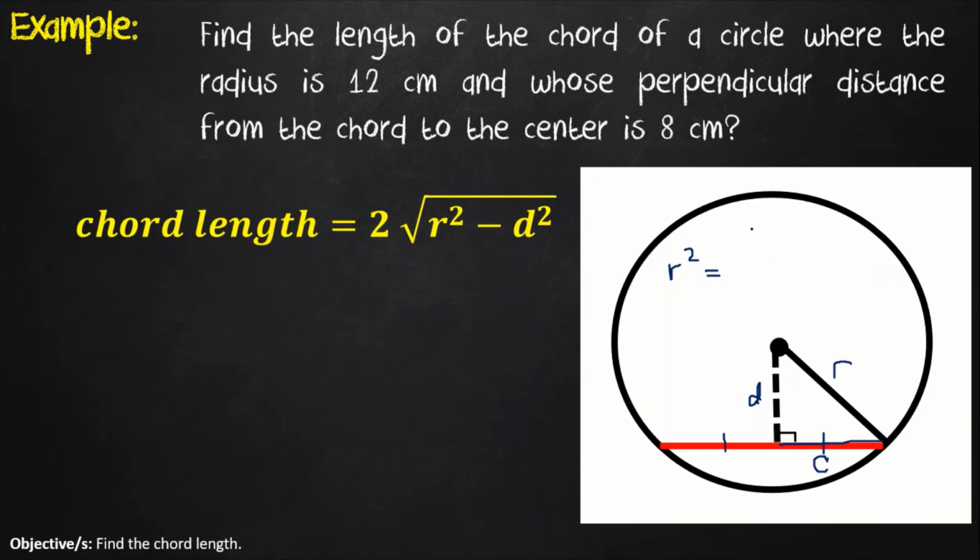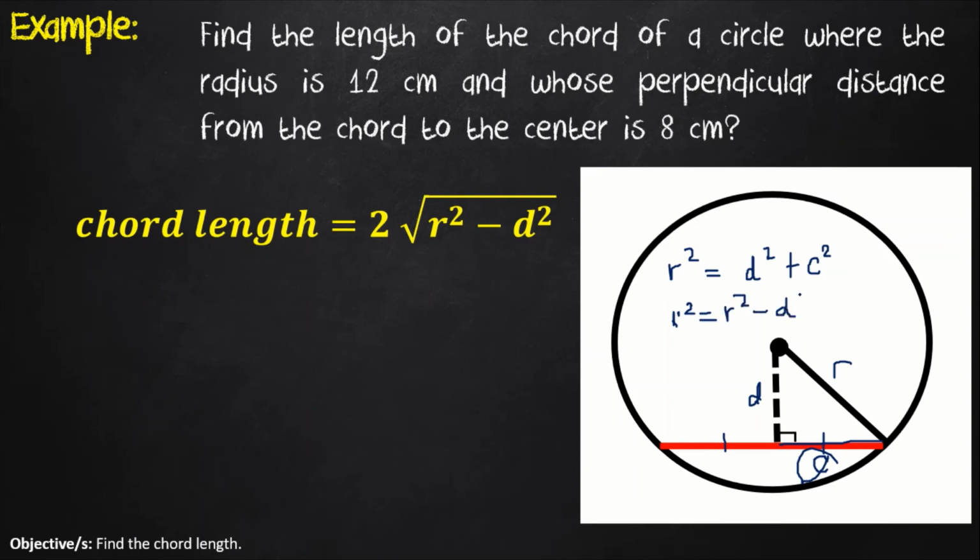So, ang side natin na una ay d, at ang side natin na pangalawa is itong c. So, we have c squared. Pero, ang hinahanap natin ay itong c. Okay? So, i-transpose natin to solve for c. We have c squared is equal to r squared minus d squared.